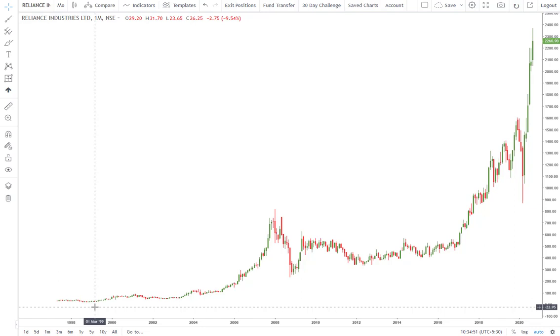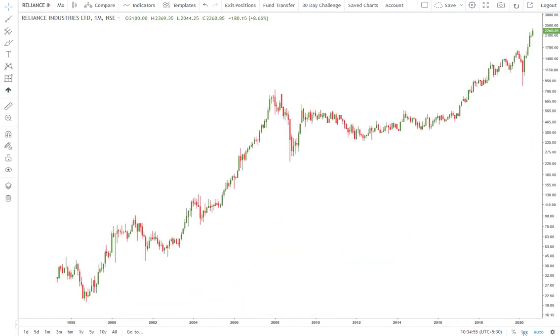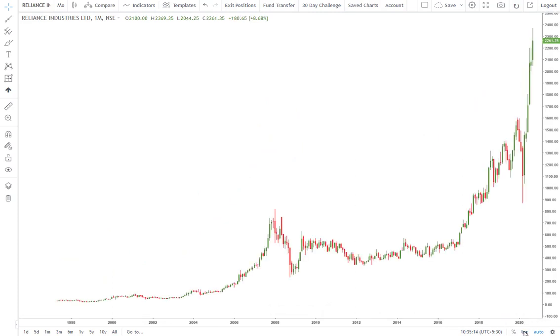Let us now toggle from the linear scale to the log scale. Now notice that the price move that occurred 20 years ago between 1998 and, for example, 2001-2002 is much clearer, unlike that we saw in a linear scale.